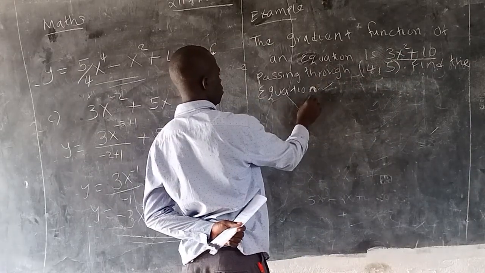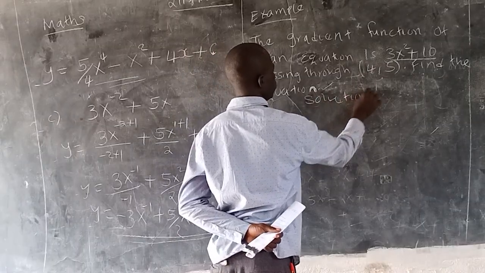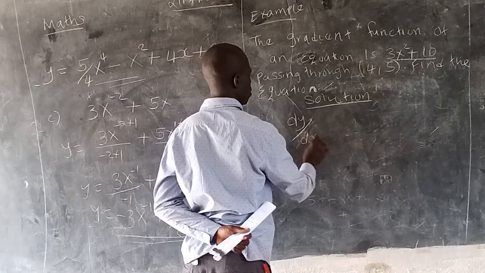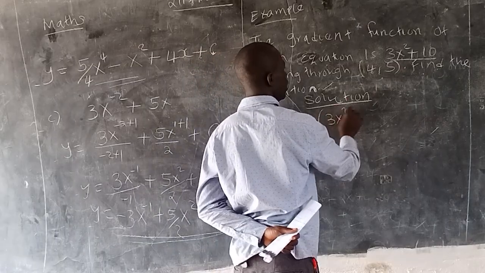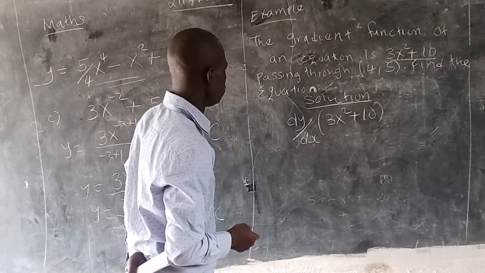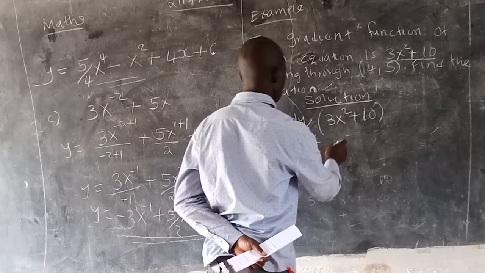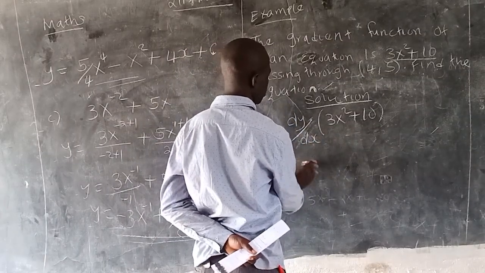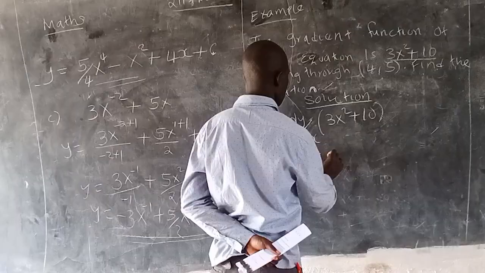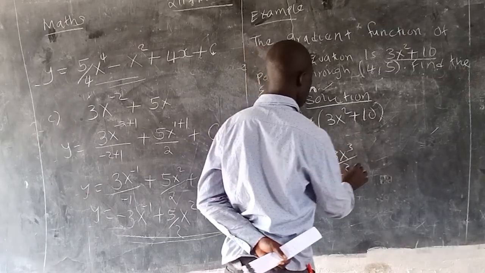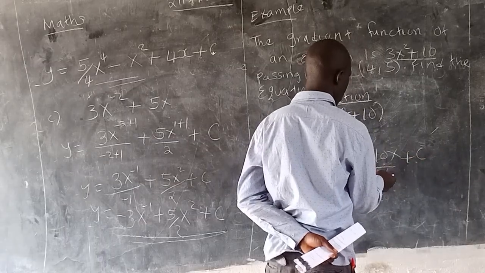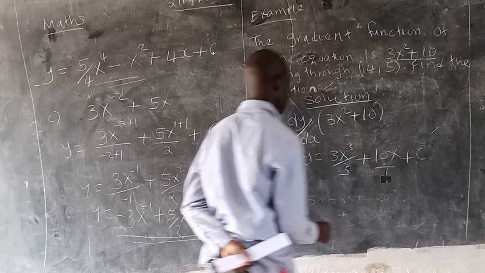So we say that the solution, dy dx of this curve, that is 3x squared plus 10, will be able to give you the curve, that is y equal to, when we integrate it becomes 3x cubed over 3 plus 10x over 1 plus c. So the curve is given like that.